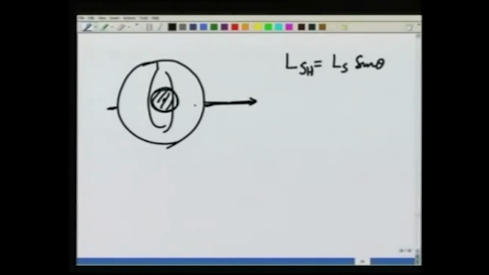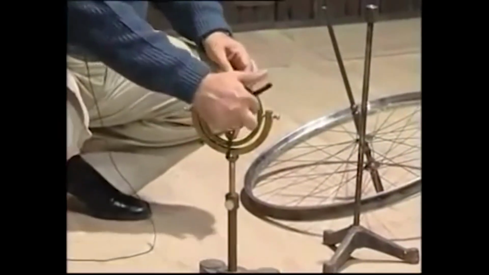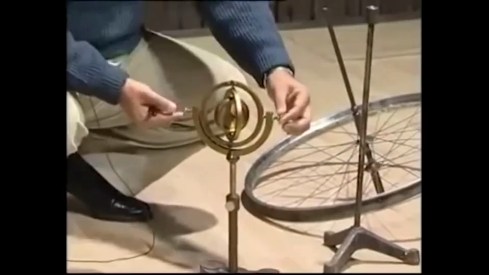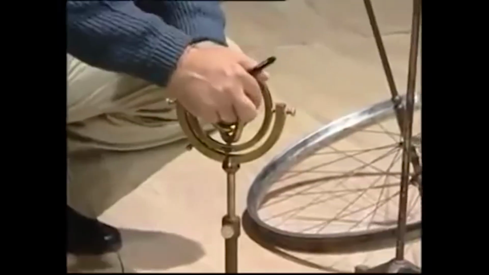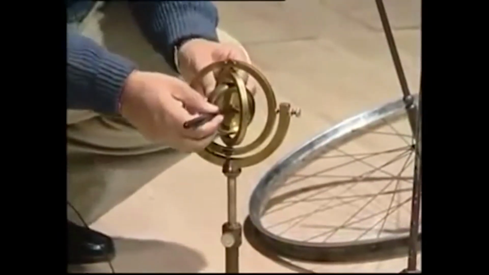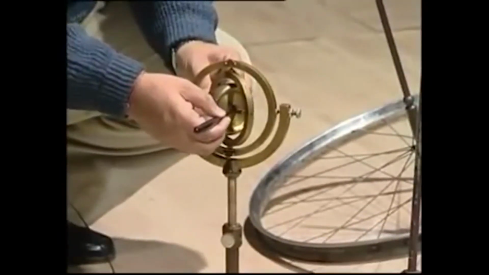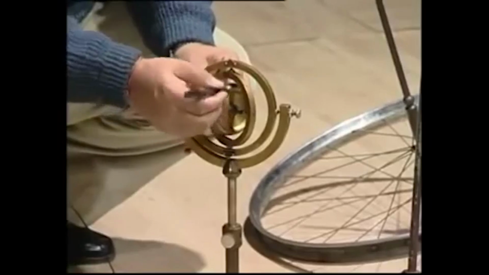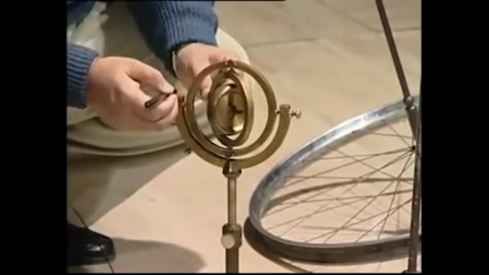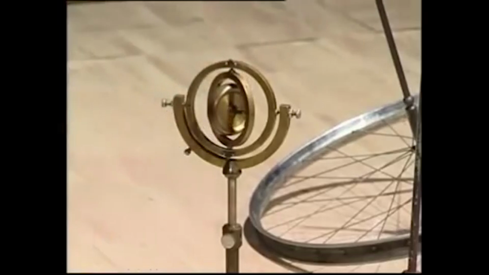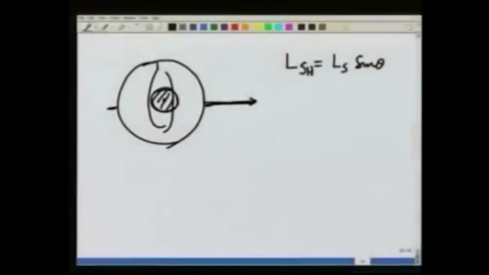So what I am assuming is, here is the axis and this fellow is making an angle like this with this axis. So the component in this direction is going to be Ls sin theta, and along the axis is going to be Ls cosine theta. Ls sin theta, if this theta is very small, is going to be roughly equal to Ls theta.